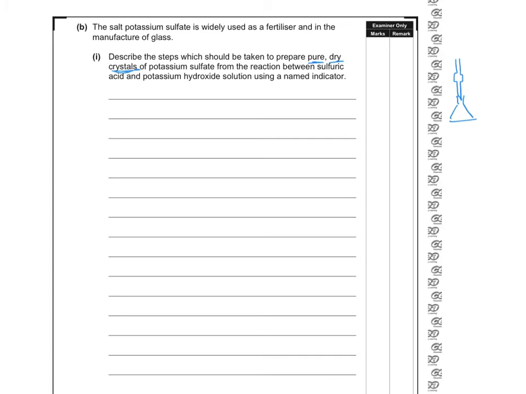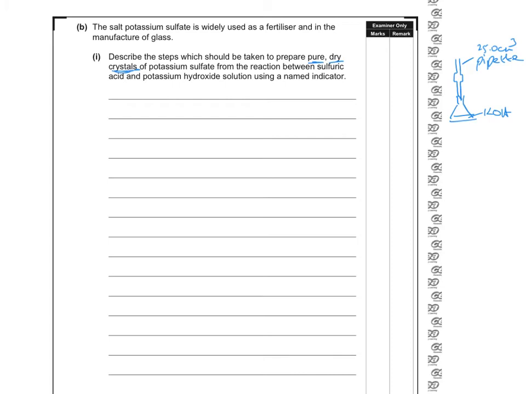So we can use a pipette to start with, and that will measure out our quantity of whatever. In this case, I'm going to put potassium hydroxide into the conical flask. So this will be 25 cubic centimeters. A pipette is more accurate than a measuring cylinder, so I'm recording it as 25.0.